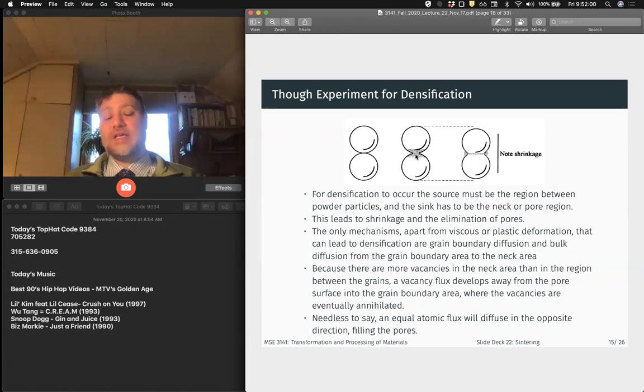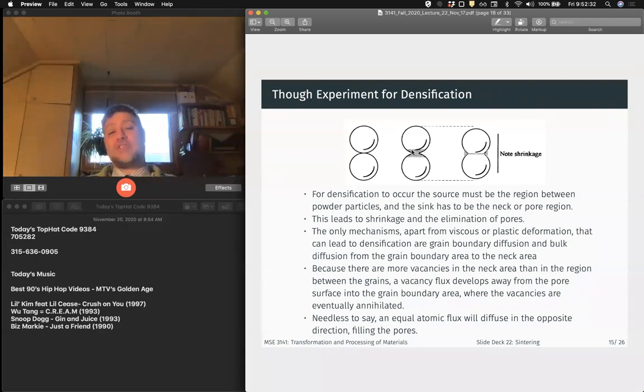What is the source for my vacancies? I have to generate them somehow. So if I have vacancies that are formed at the surface, then they come to this grain boundary area here to be annihilated. That means I have a net flow of atoms from this grain boundary area to my neck.